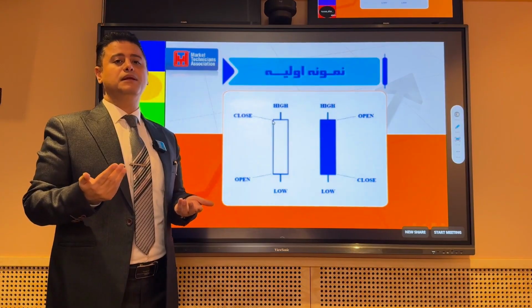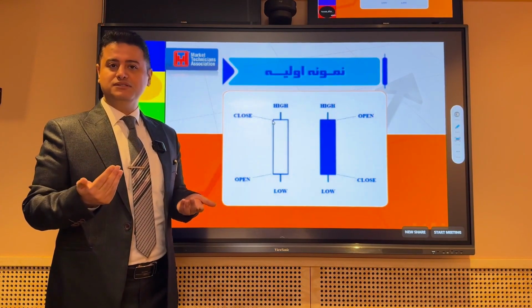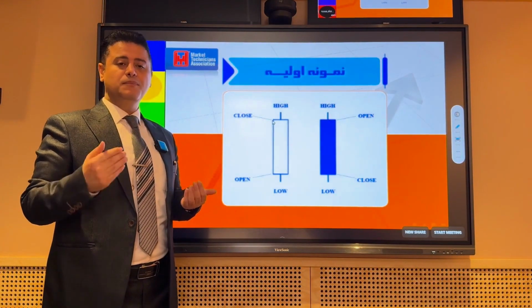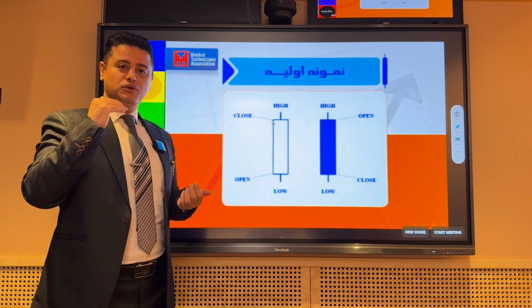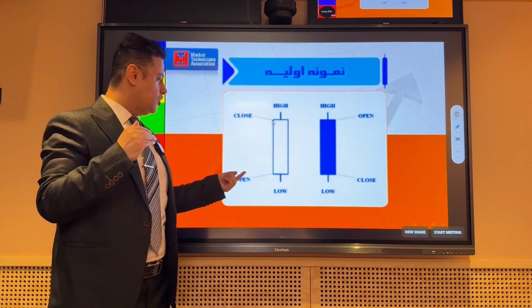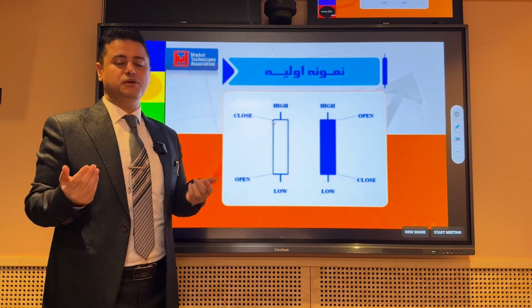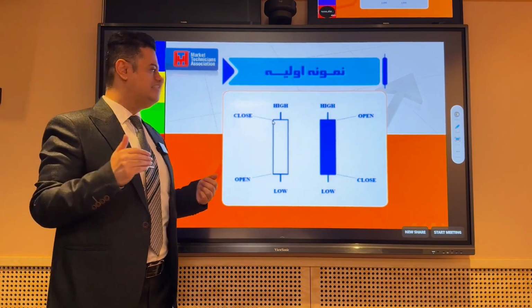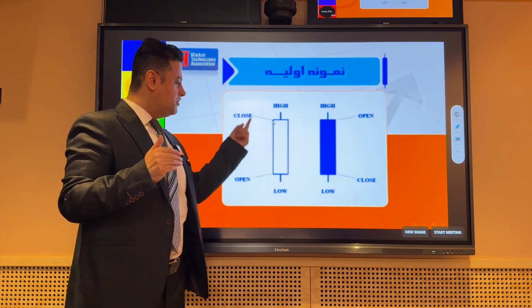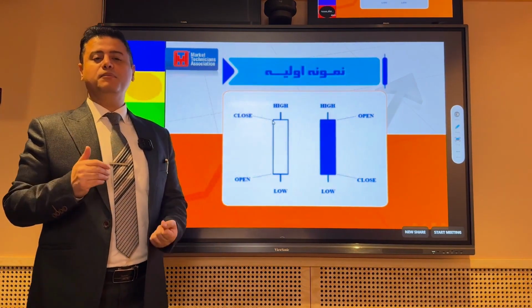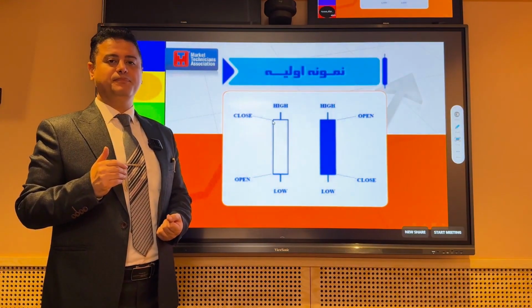For example, there might be over 2,000 trades conducted on the stock. The price at 9 in the morning, whether it includes the open price or the close price or not, the highest price at which a trade is made is considered the high price, and the lowest price at which a trade is made is considered the low price.